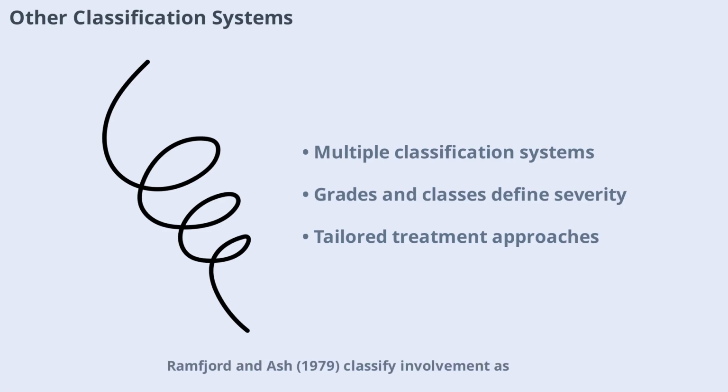Ramfjord and Ash, 1979, classify involvement as Class 1, less than 2 mm tissue destruction, Class 2, more than 2 mm but not through-and-through, and Class 3, through-and-through. Fedi, 1985, offers a similar grading system, with further subdivisions for grade 2 based on interradicular bone loss. These classifications help tailor treatment to the specific severity and characteristics of each case.